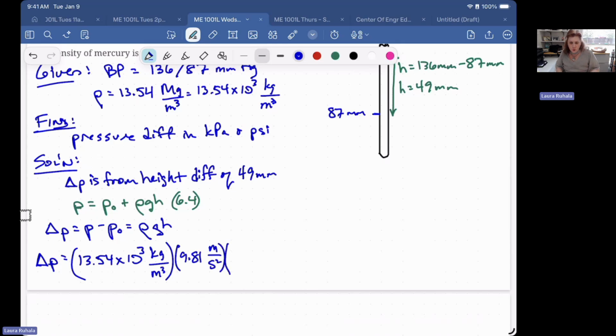I'm talking about 49 millimeters. I'll go ahead and put that in as 0.049 meters.